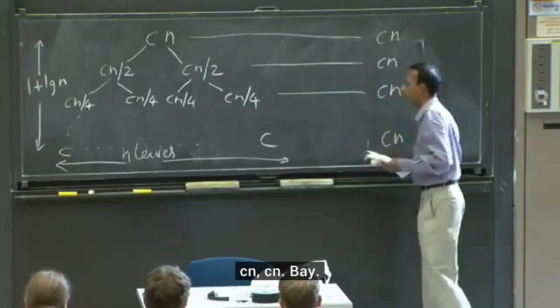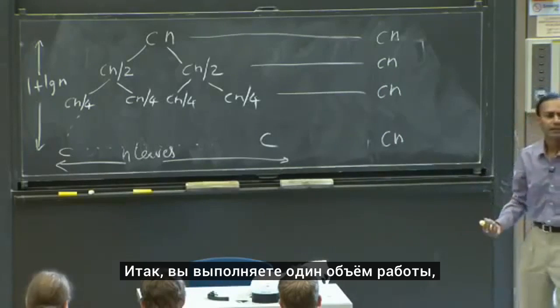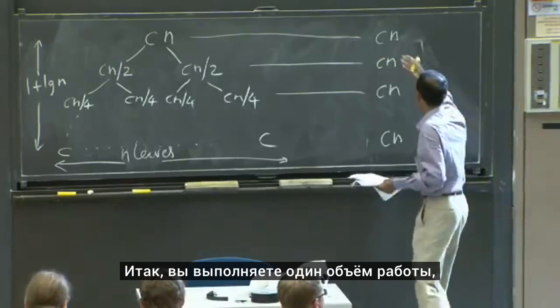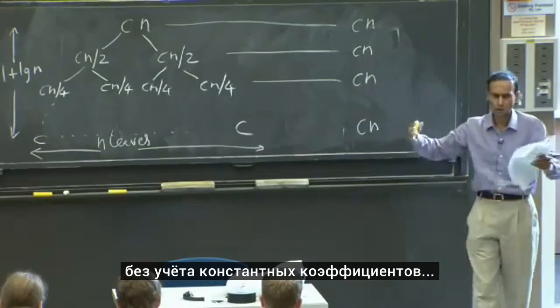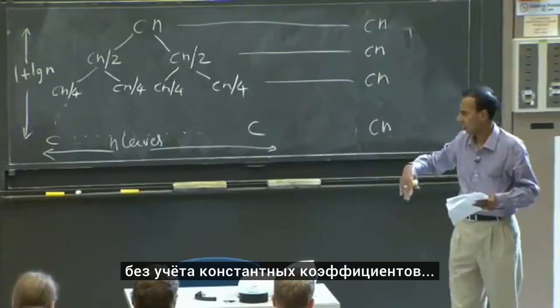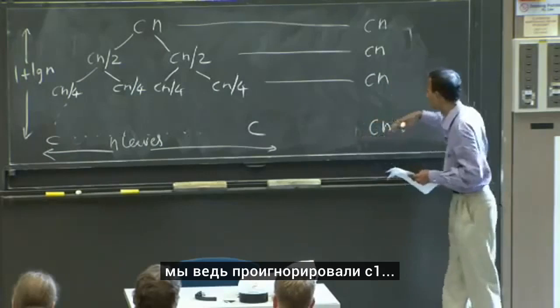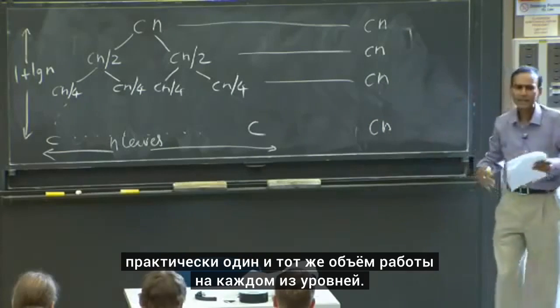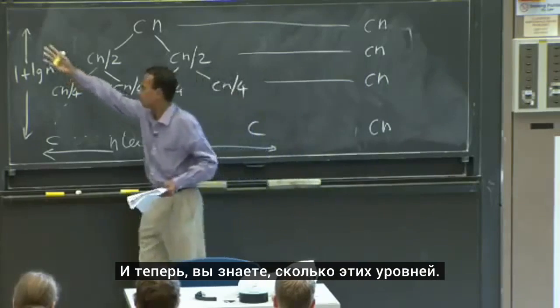Cn. Wow. What symmetry. So you're doing the same amount of work, modulo the constant factors with what's going on with the C1, which we've ignored, but roughly the same amount of work in each of the levels. And now you know how many levels there are.